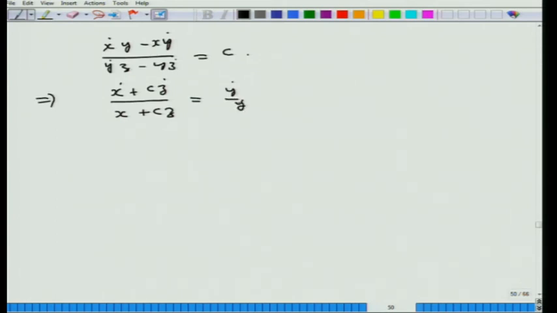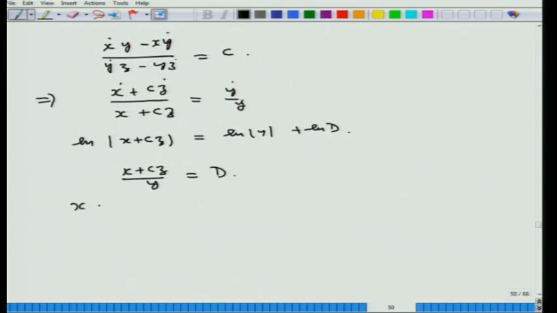So, again integrating here, this gives you ln mod x plus c z equal to ln mod y plus ln d. So, we get x plus c z over y equal to d, and so x plus c z minus d y equal to 0.